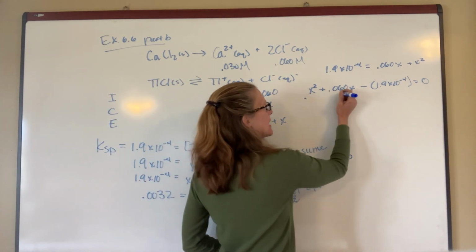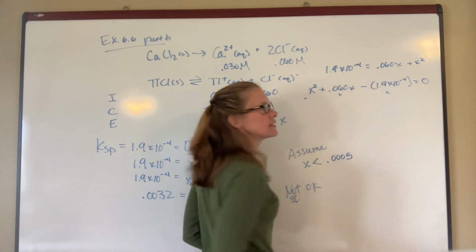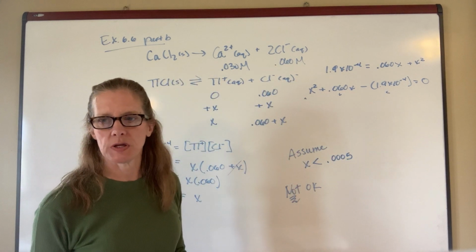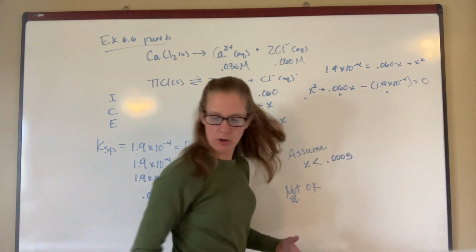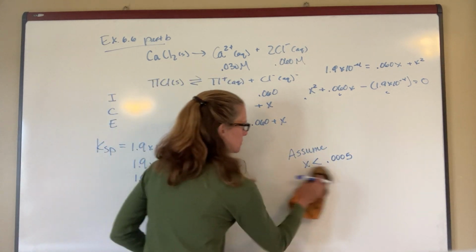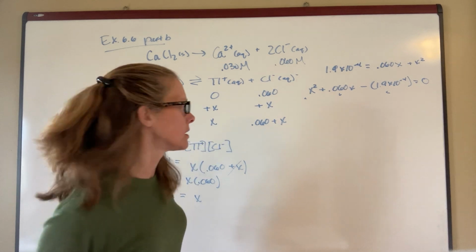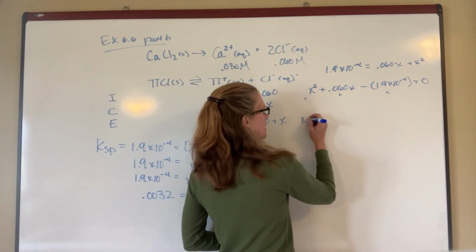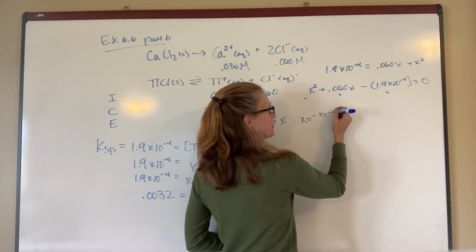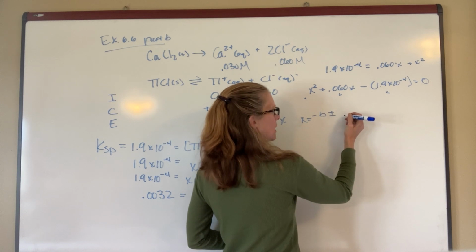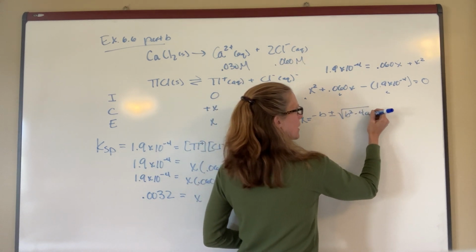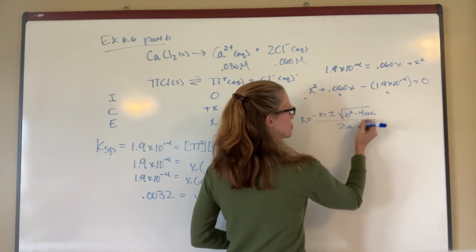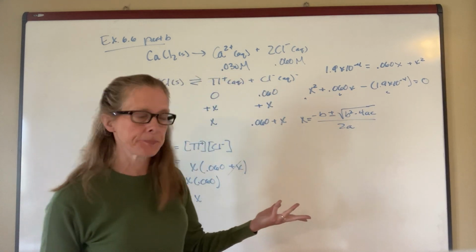Remember, that's A, this is B, this is C when I go to use the quadratic equation. The quadratic equation is x equals negative b plus or minus the square root of b squared minus 4ac, all over 2a.